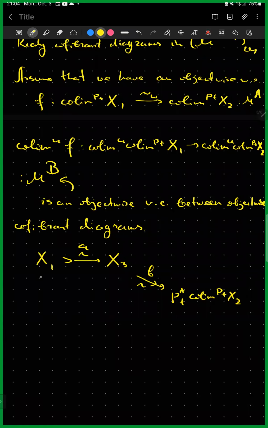And here, similarly, we have just some weak equivalence that goes from Et upper star, colim Et of x1.